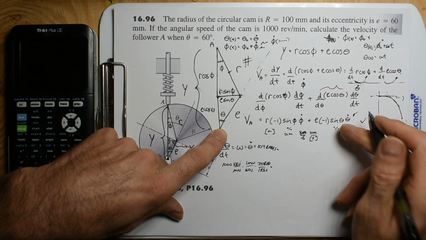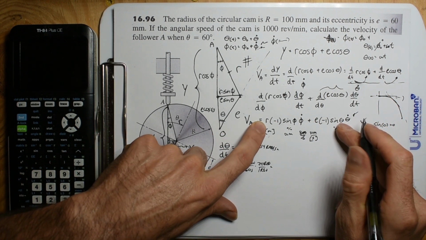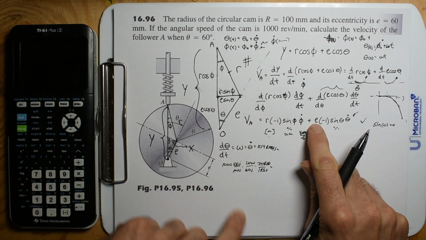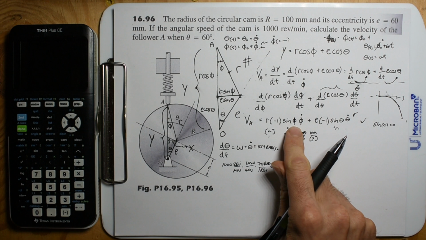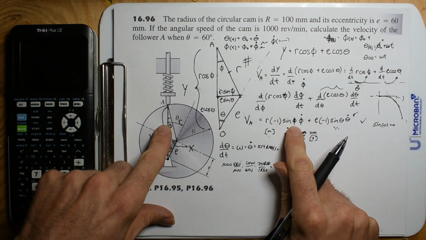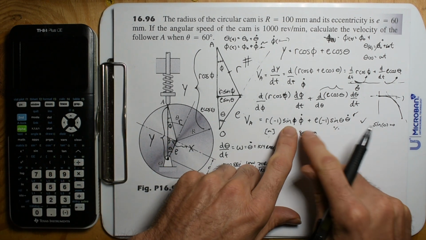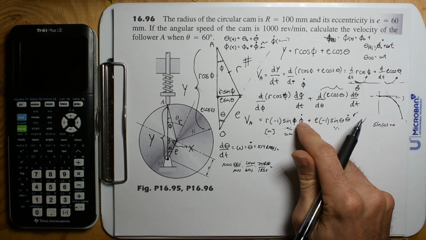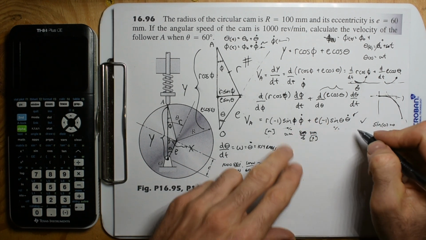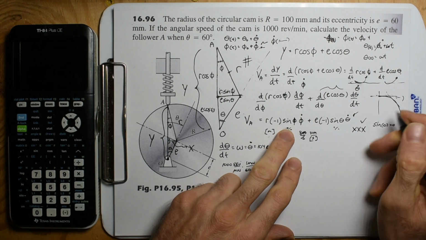I know the angle at 60, I know the radius, I know the eccentricity. I really don't know what phi is. If theta is 60, I don't know what phi is. And then I don't know what theta dot is. So we're kind of at a roadblock right here.